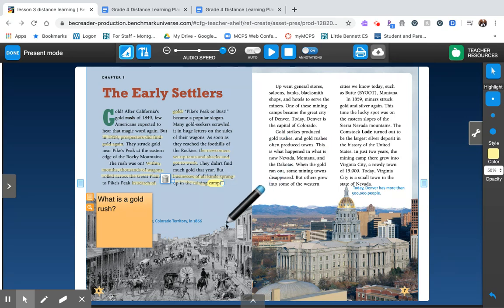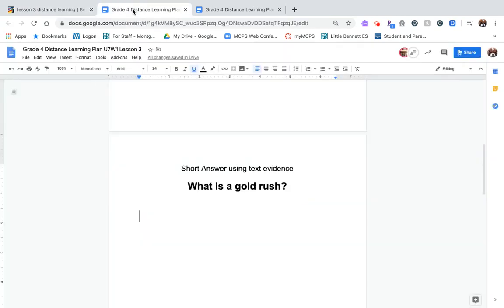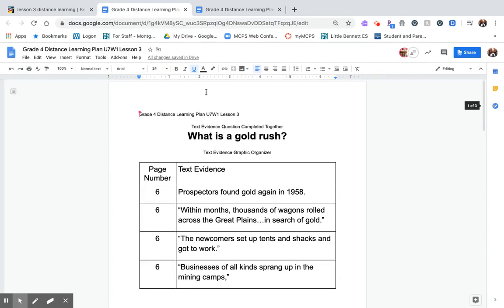Now I've highlighted 4 sentences that help me better understand what is a gold rush. That means I now have text evidence to explain my thinking when I answer the question, what is a gold rush? I'm going to open up this document, and it asks us, what is a gold rush?